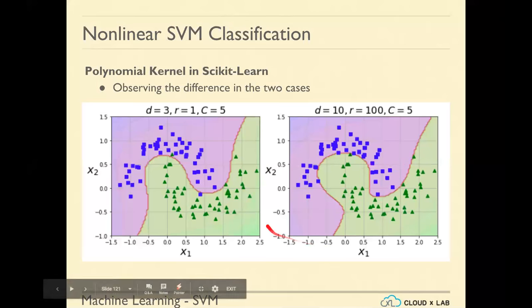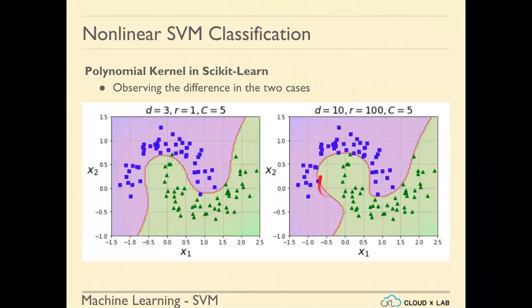So as r increases and degree increases, it tries to be nearer the data as much as possible. It tries to consider every data point. So here it's trying to definitely overfit.